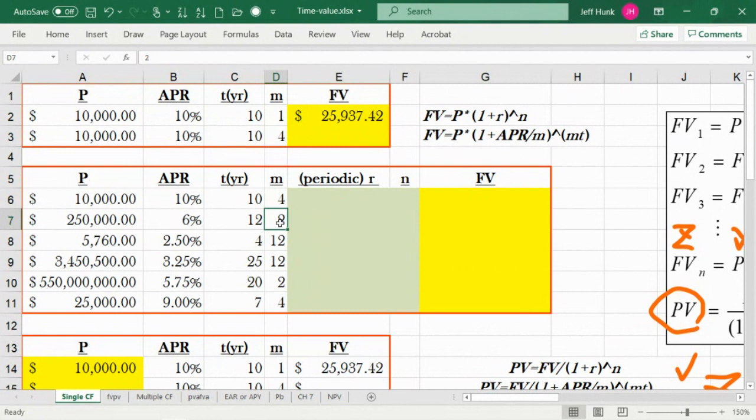Because some students confuse semi-annual and biennial. Biennial, B-I-E-N-I-A-L, means every 2 years, every other year.